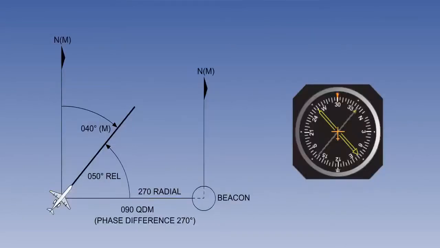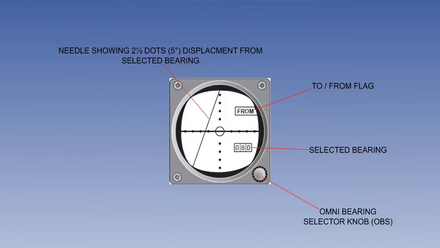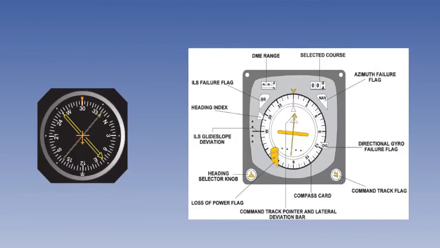In brief, the RMI shows the relative bearing of the VOR from the aircraft. The CDI shows the aircraft's deviation from a selected course to a VOR, as does the HSI. But the HSI also shows the aircraft's heading and selected track.